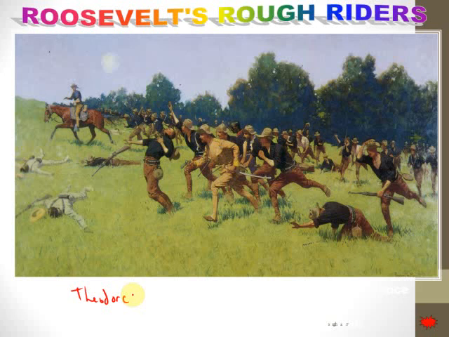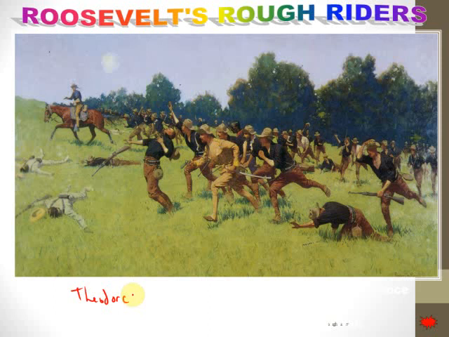But in any case, he wanted to fight in this war, and it was like, no, Secretary Roosevelt, you can't just go fight in a war. You're the Assistant Secretary to the Navy. He's like, fine, I quit. And he quit his job as Assistant Secretary to the Navy so he could fight in the Spanish-American War. So he quit his desk job to see some action.